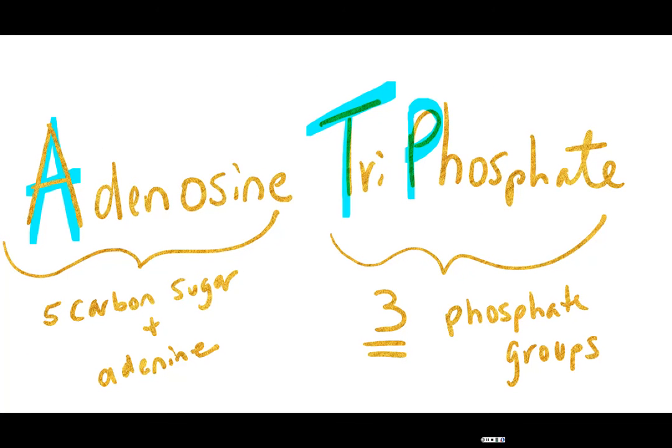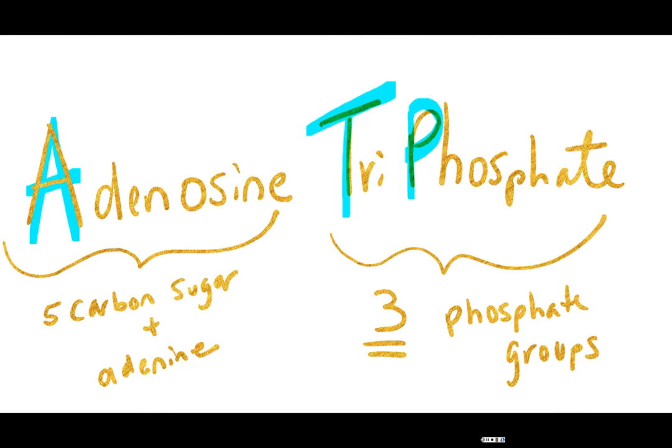The 3rd type of nucleic acid to talk about is adenosine triphosphate, and this is abbreviated as ATP. Now, adenosine triphosphate is a nucleic acid, so it does have a nucleotide as its monomer.